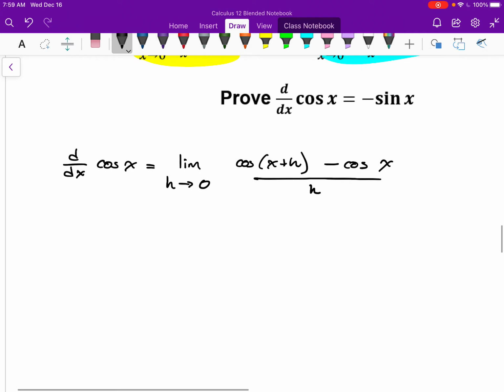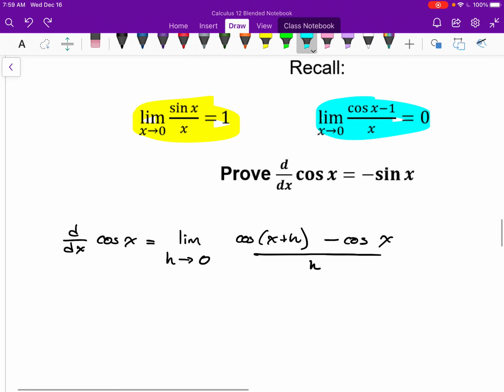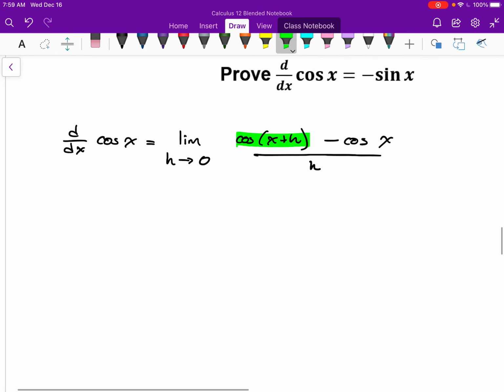Okay, so now keep in mind, if I look right here, actually I'll change my color up a bit. I'll get to those later. If I look right there, remember cosine is a function. It's not a number or a variable. I can't distribute cosine, but I can use the sum identity for cosine.